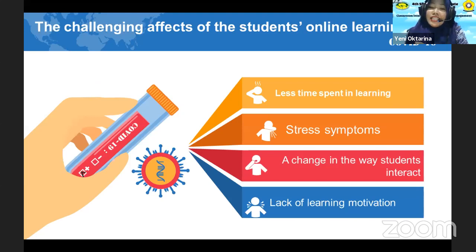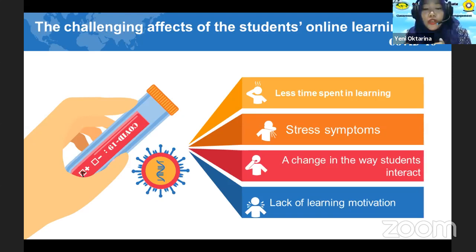And then the third one, a change in student interaction. Since the pandemic era, the classroom learning process has had to take place in online teaching and learning, and there are many changes in the way students interact.